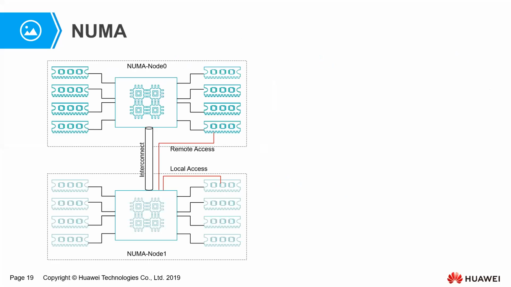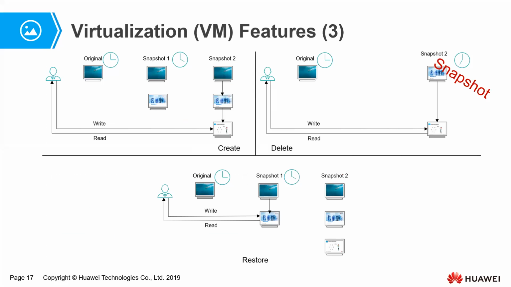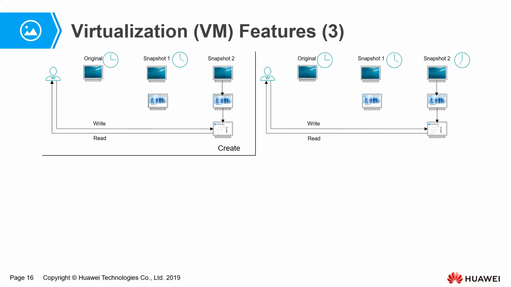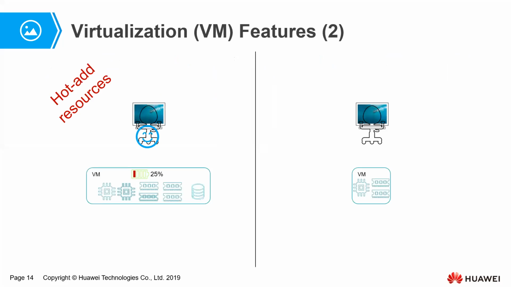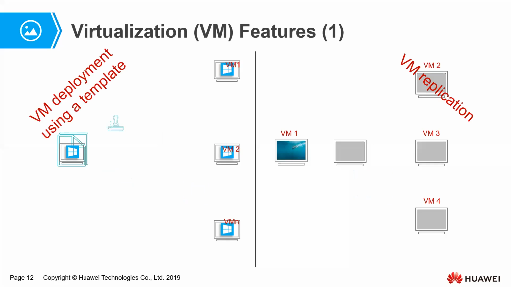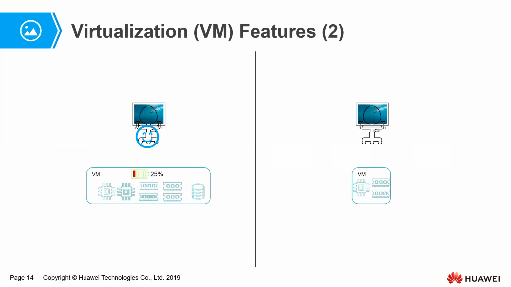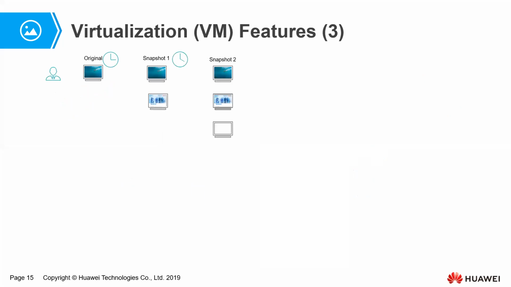So we have so far looked at snapshots. We went ahead and looked at memory hot add. We went ahead and looked at quick deployment, either by template or by cloning. Here we have hot add and also console control. We have snapshots.